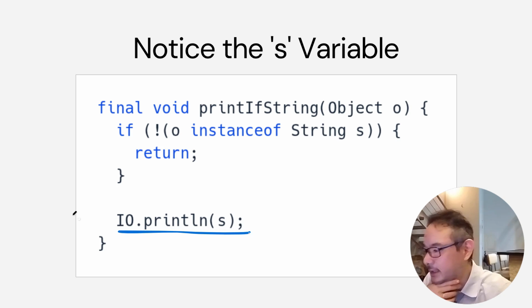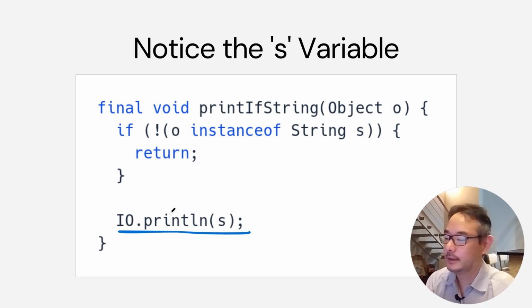And why is that? Because if the code reaches this point, we're 100% sure that the object we got in the method is an instance of string. Because if it is not, we had already returned from the method, right?